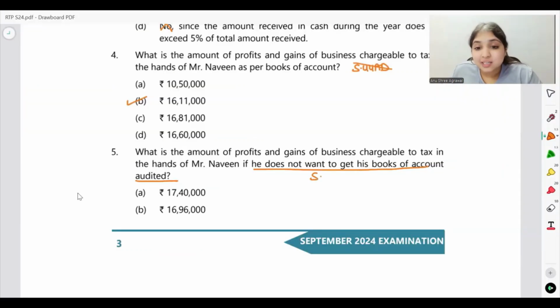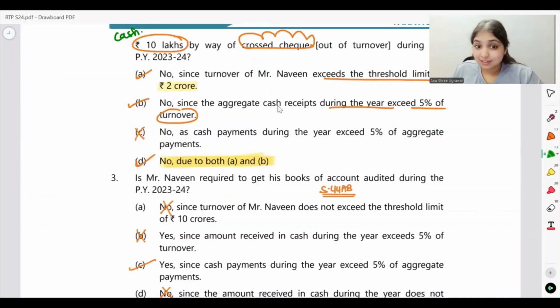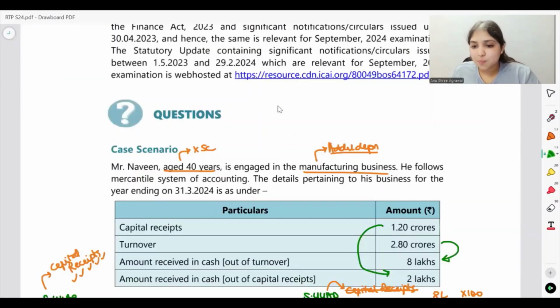They are saying the assessee does not want to get tax audit done, which means the assessee has to follow presumptive taxation. So under 44AD, what is the PGBP? They're asking. And what did I tell you? How will we compute? I gave you one flow chart. Remember, I will see what the total turnover is. Total turnover is how much? 2 crore 80 lakhs.